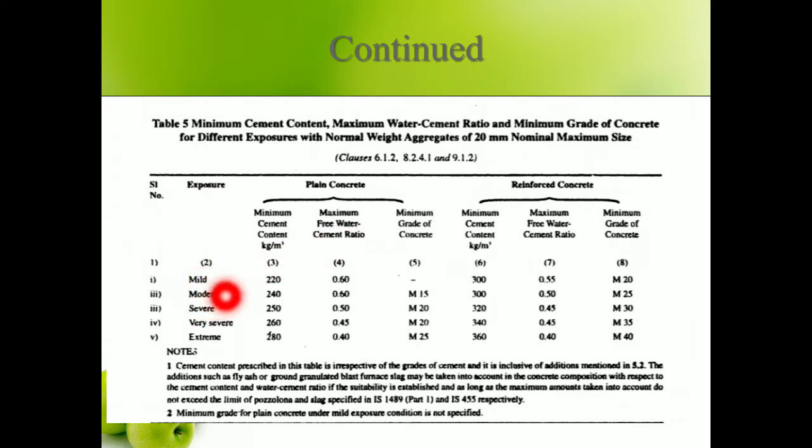For mild condition you have plain concrete and reinforced concrete. So for mild condition, reinforced concrete, we have minimum cement content and maximum free water cement ratio. Maximum free water cement ratio is 0.55, cement content is 300, that is for M20 grade of concrete.